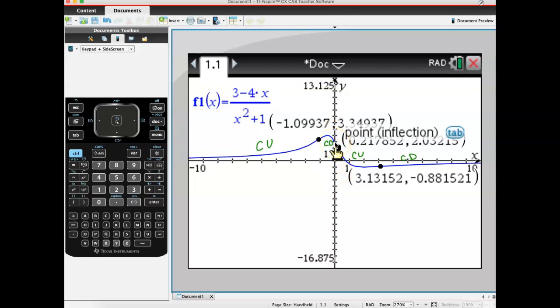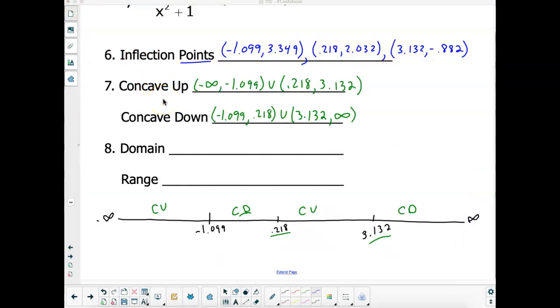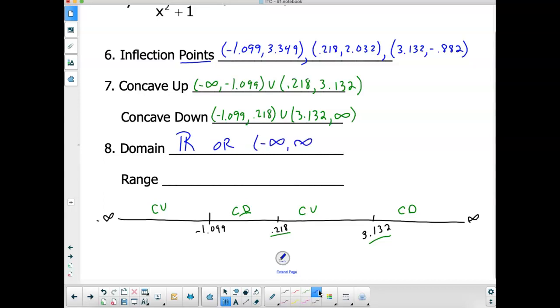So what we would do is we would look back at our maxes and mins, okay? First and foremost, I can say the domain, I can say it's all real numbers. Or I could say from negative infinity to infinity. I can use interval notation, okay?